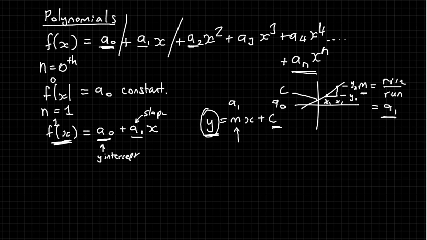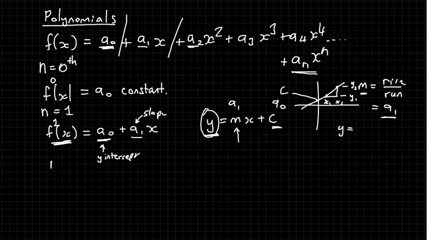Then we can substitute that into the equation, pick any point along the line, and solve for c. So that's nice and easy. That's a linear function. So a polynomial of first order is just a line, or a linear function.